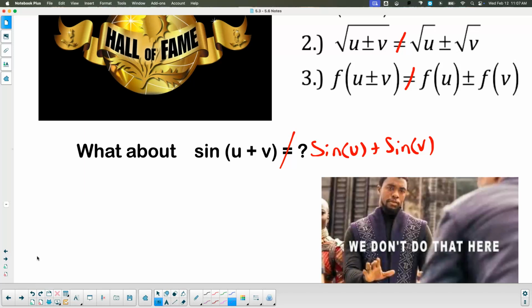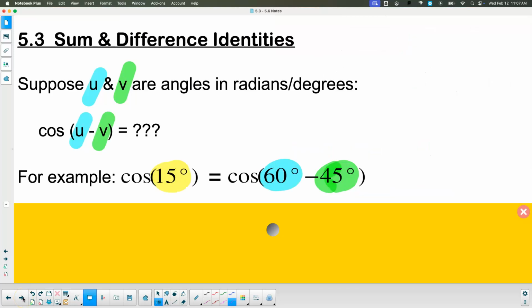Okay? We're going to be off of our identity sheet today, and we're going to be dealing with numbers 18, 19, and 20 on your identity sheet. So if you'll notice, it's a little more complicated than just taking the sine of the first angle and adding it to the sine of the second angle. So we've got actual formulas that we need to work on.